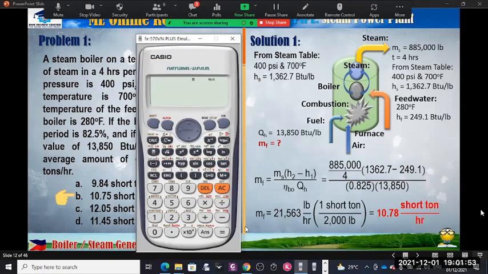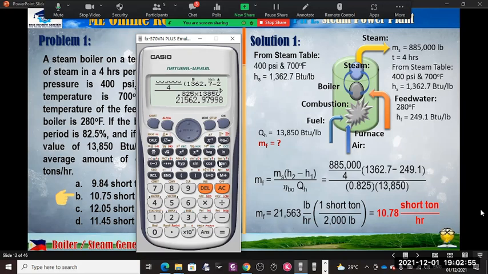Here we have the fraction of 885,000 divided by 4, multiplied by the difference of 1362.7 minus 249.1, then close parentheses, bring it down, 0.825 multiplied by 13,850. Proceeding with the computation, the answer is 21,562.98, rounded off to the whole number 21,563.